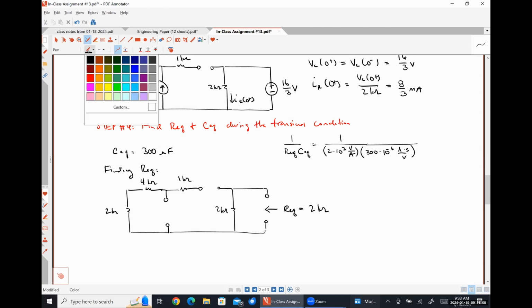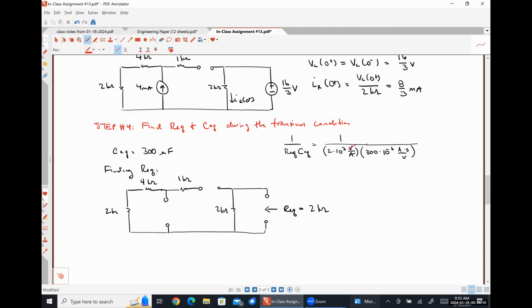And if we look at the units here, volts cancel, amps cancel. And so we're going to have 1 over 2,000 times 300 times 10 to the minus 6, which is 5/3 per second.